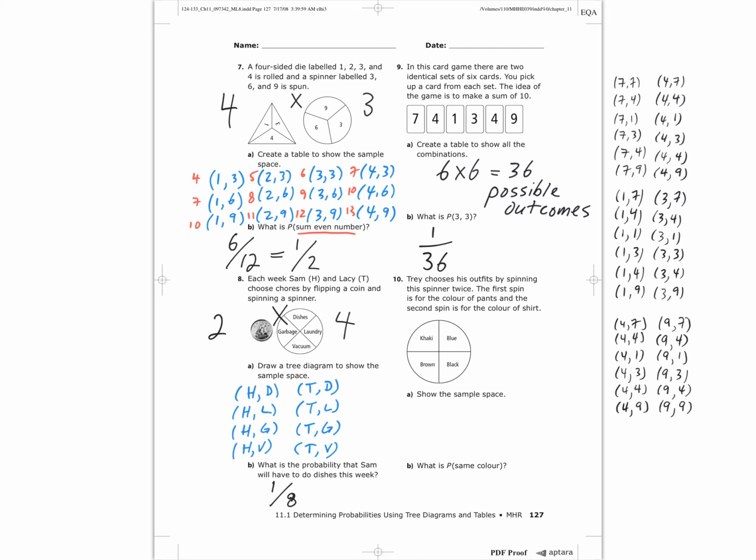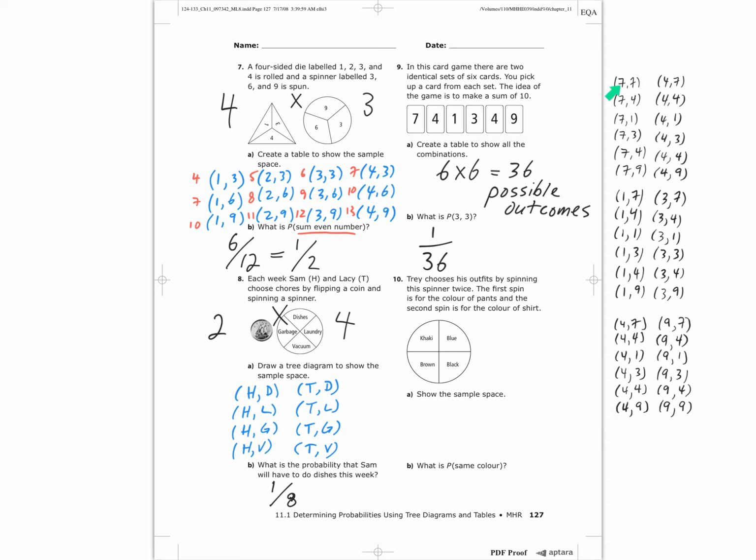Okay, I did it anyways. I'm a rebel. Here's all the 36 things that can happen. Okay? The first number is the first deck, the first set. So you could get a 7 in the first one, and then in the second set, 7 again. Okay, so this first column, or the first number in each of these set of brackets, is the first set of cards.